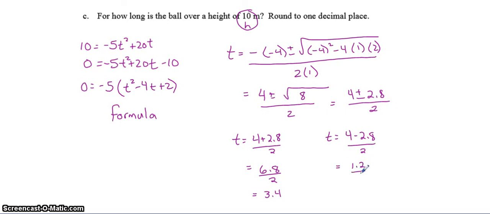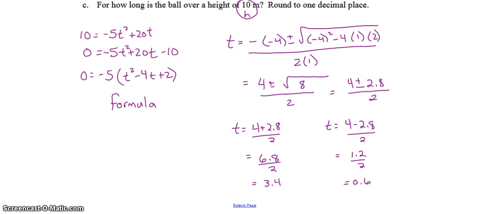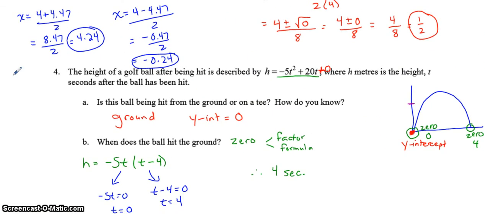It's 1.2 over 2, which is 0.6. So what that means is that the ball hits 10 meters on the way up at 0.6 seconds and it hits 10 meters on the way down at 3.4 seconds.